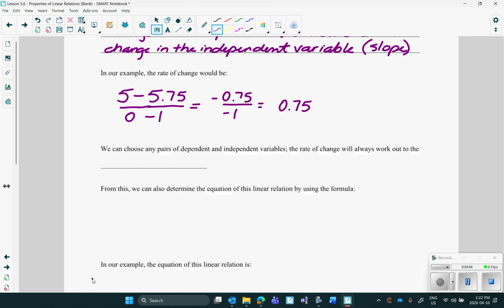Look at the units. The cost per what? Topping.